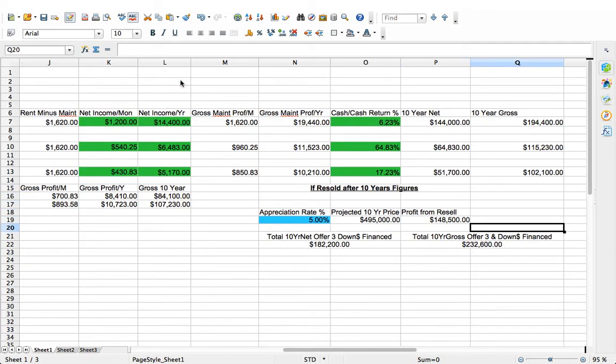And then with the 10-year net costs, having the balance owner financed and the down payment financed by personal lenders, after 10 years you can see it'll be $182,000 after paying everything off, and the gross upside is about $232,000. And obviously you can play with these calculations once you understand how everything works.